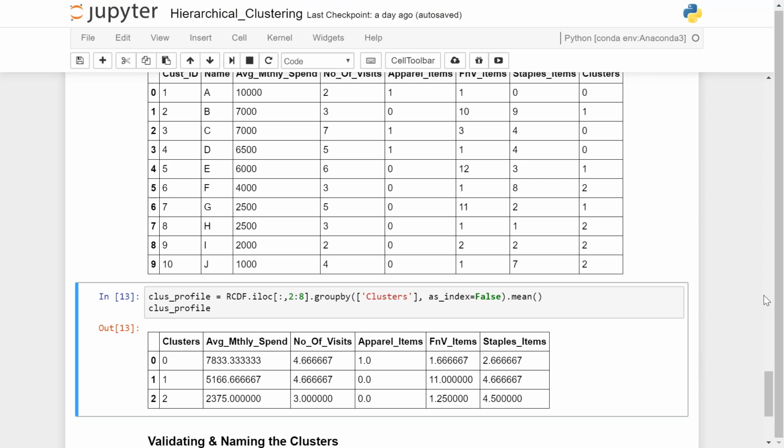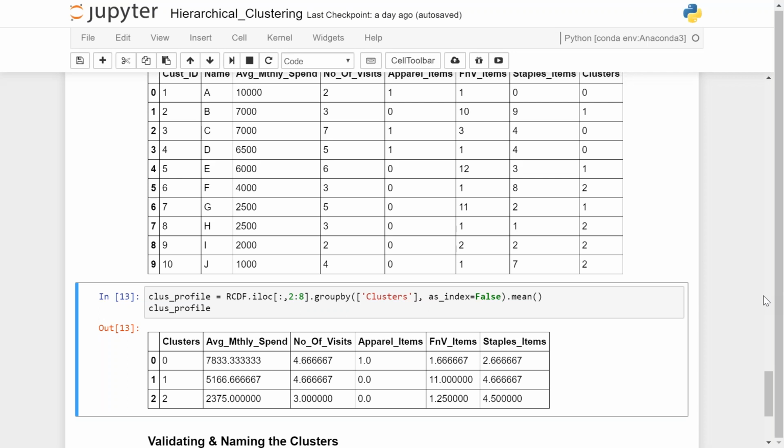However, people in cluster 2 spend less on F&V and more on staples. They come, stock the staple items, and then don't come at a higher frequency. These three clusters are helping me get segments from my data.